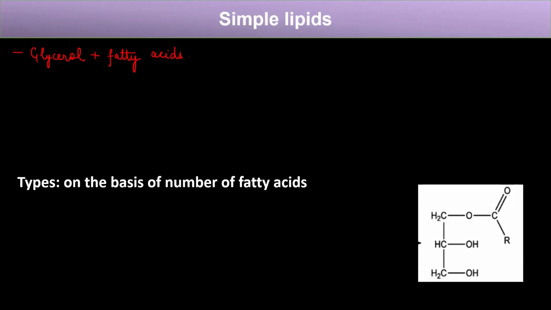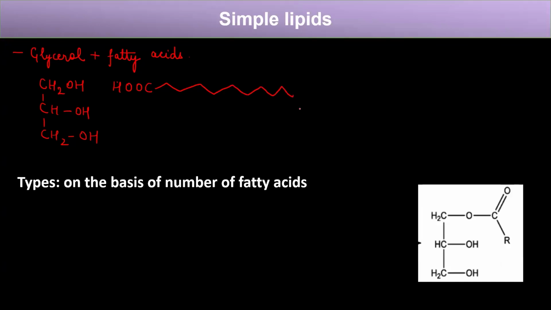So how is simple lipid formed? We know the structure of glycerol. It's CH2OH, CHOH, and CH2OH, right? Now, suppose here comes a fatty acid. Let me draw it like this, HOOC. So this is your COOH group, and then there is a long chain of hydrocarbon.